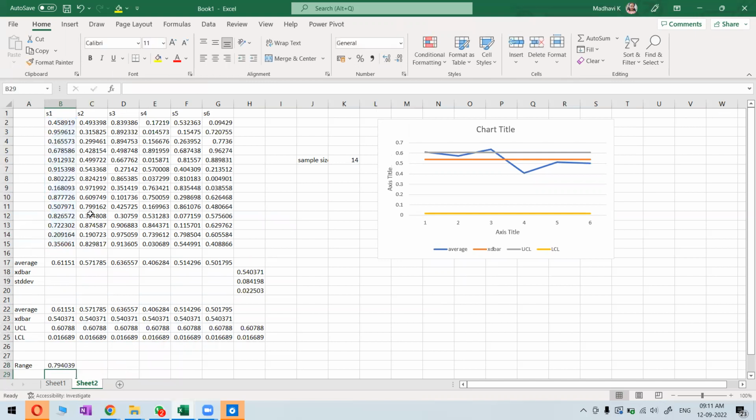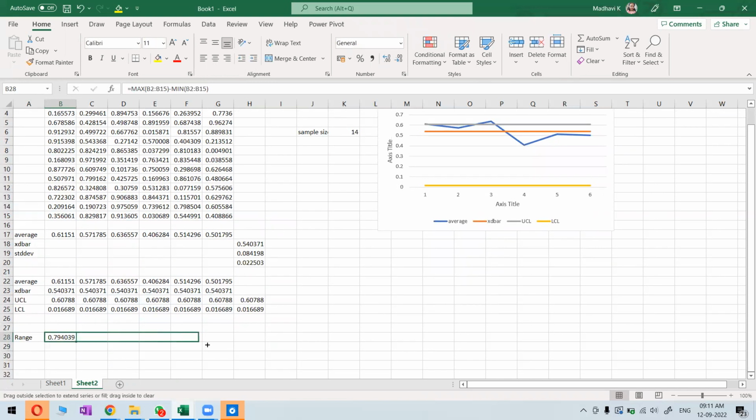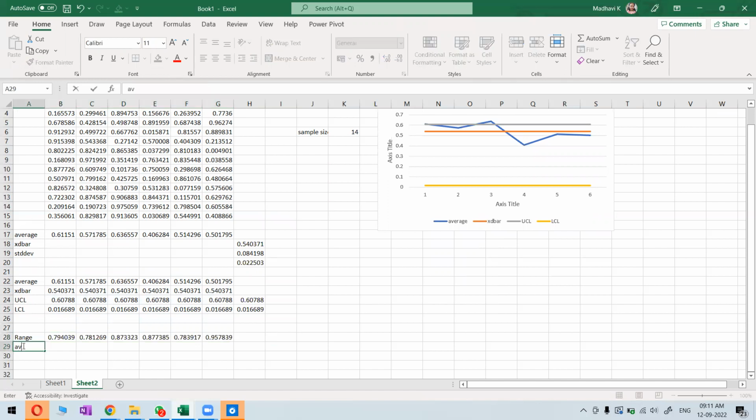So we are considering the maximum value and the minimum value of the lot and taking the difference. The same thing is applied for all of them. And then we are going to identify the average of ranges. So this is R bar, which is equivalent to the average of this value.